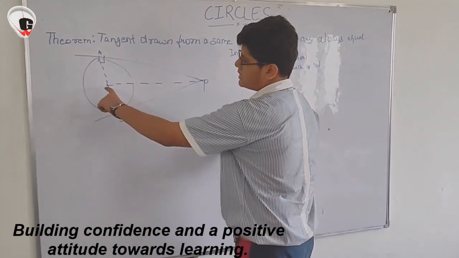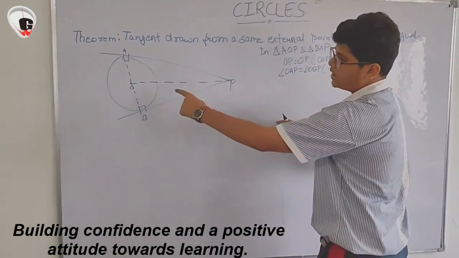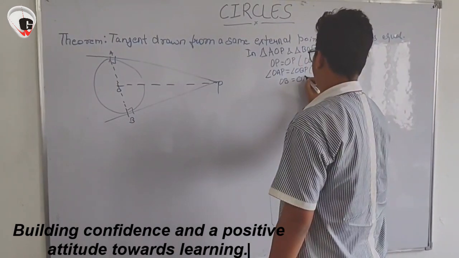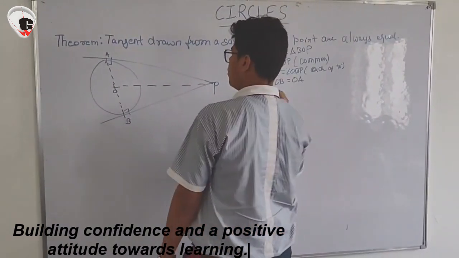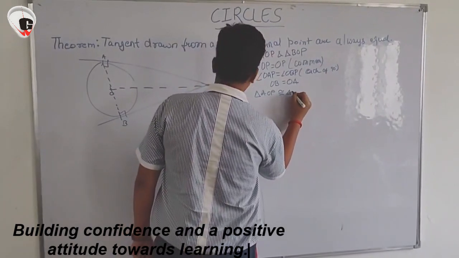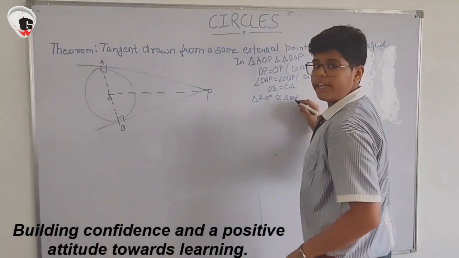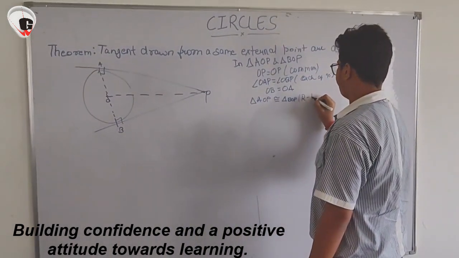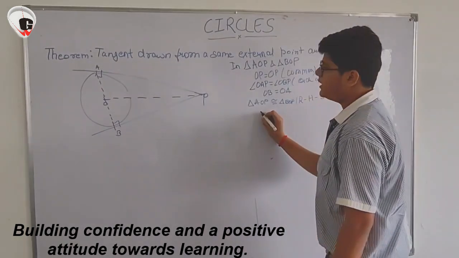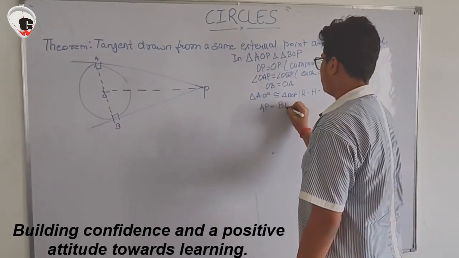And as the radius of a circle is always equal, line OB is equal to OA. So triangle AOP is congruent to triangle BOP by the criteria of RHS. So we can write that line AP is equal to line BP.